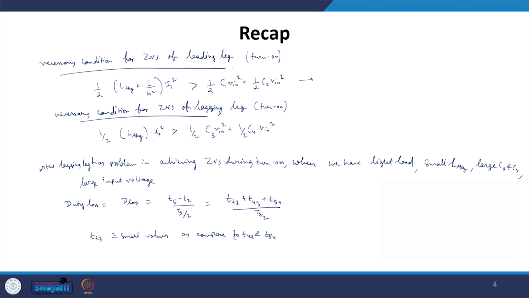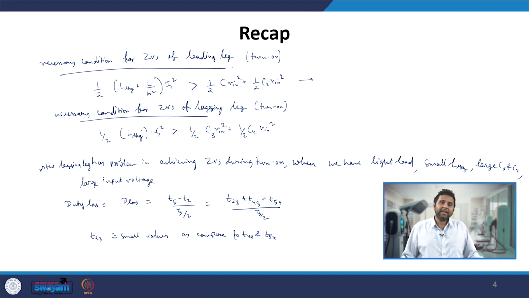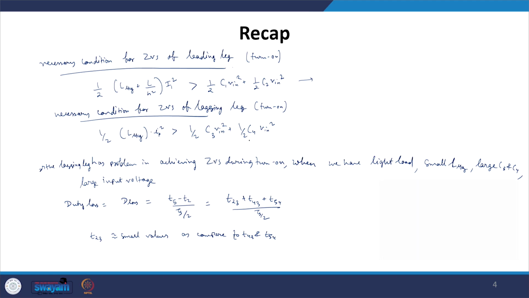However, for the ZVS turn on of the lagging leg switches, the energy from the capacitance of the lagging leg switches is taken out by the current flowing through the L leakage, and only L leakage comes into picture. So this value becomes very critical, because at less loading condition, when the IP is very small, this energy is very small, and that is not sufficient to discharge the C3 capacitor and charge the C4 capacitor.